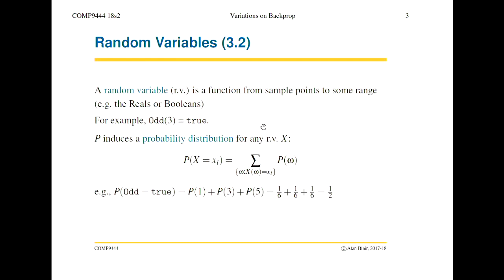The probability of the number being odd is also a half, because it's 1 or 3 or 5, right? And the probability of it being less than 3 would be 1/3, because it could only be 1 or 2, right? So we talk about random variables and probability distributions, okay?